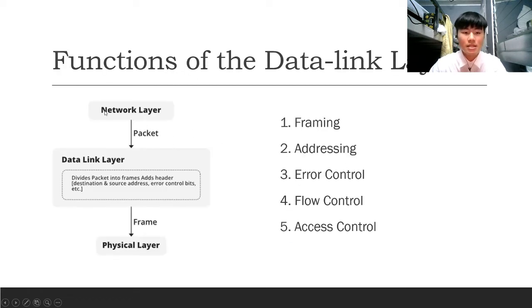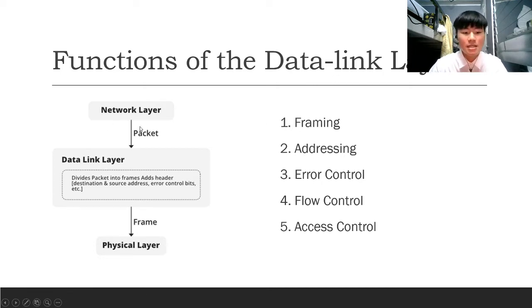So here you get the drawings. The network layer will use packeting, and it will go to the data link layer, and then framing, and then the physical layer. So here are the functions of the data link layer. So first you have the framing.